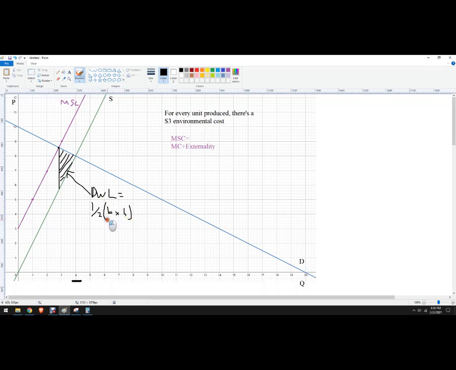This one is linear, but we're not being perfect here, so we'd be going about the distance here, just under 3 and about 8 or 6. So you just calculate that triangle.